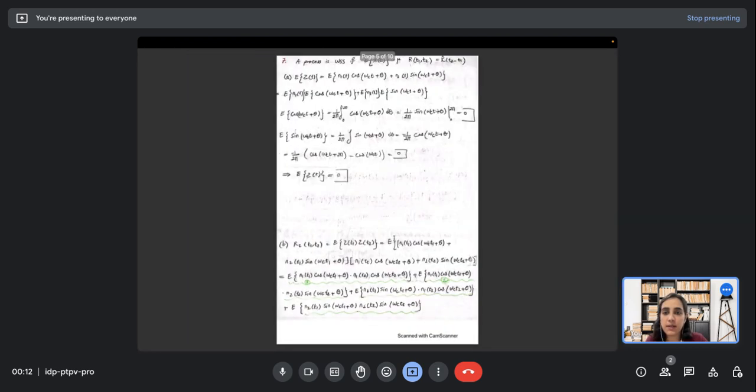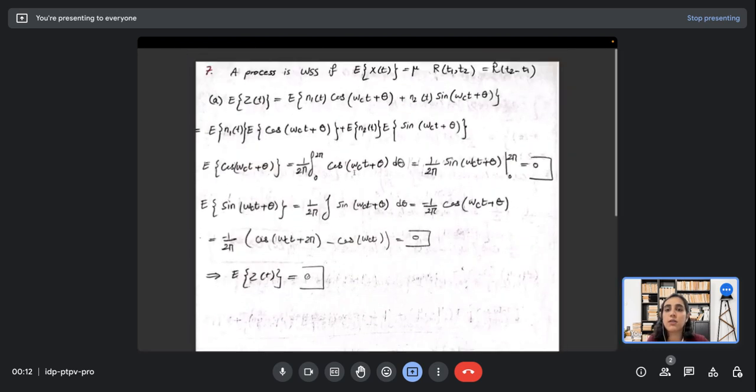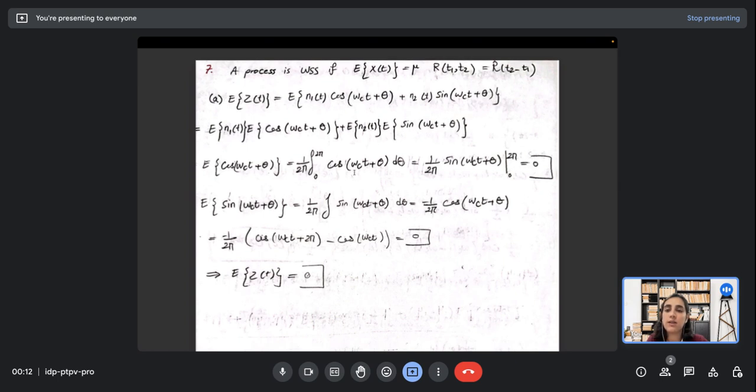So for calculating the expected value of z of t, I will substitute the formula for z of t, and because we know that n1, n2 and theta are independent of each other, we can split this into expected value of n1 times expected value of cosine plus expected value of n2 times expected value of sine.